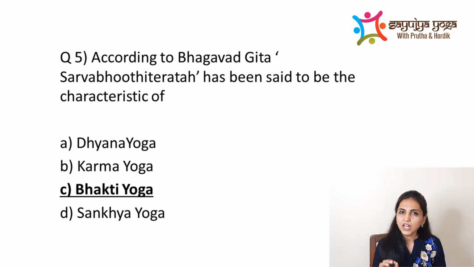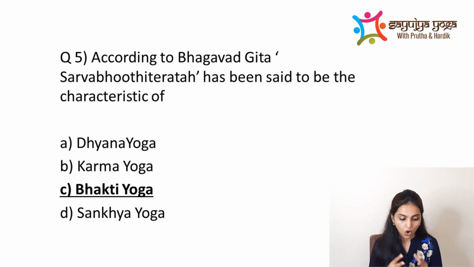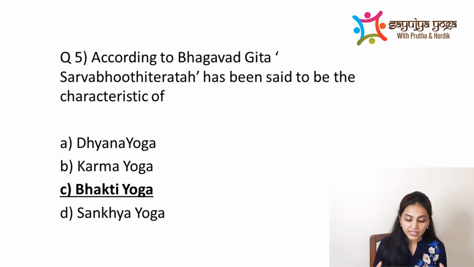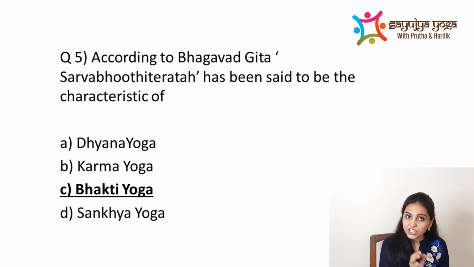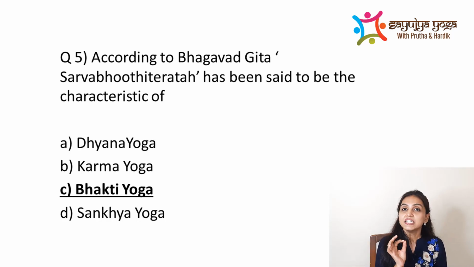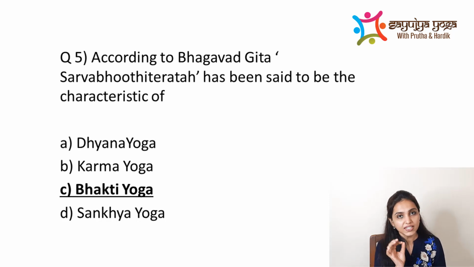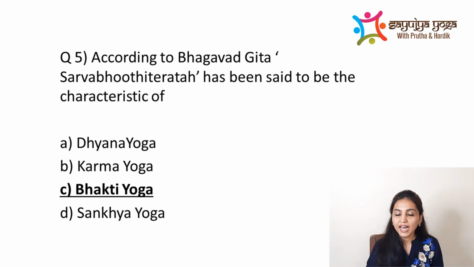Okay, now Sarvabhoothiteratah means to be engaged in the welfare of the society or engaged in the welfare of all the beings. Now, such person attains Supreme Brahman, and Sarvabhoothiteratah is a characteristic of a Bhakti Yogi. So we all know that it is part of the chapter Bhakti Yoga.